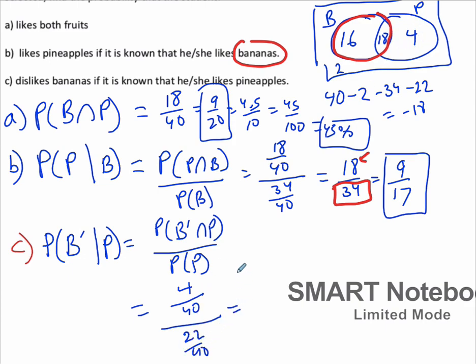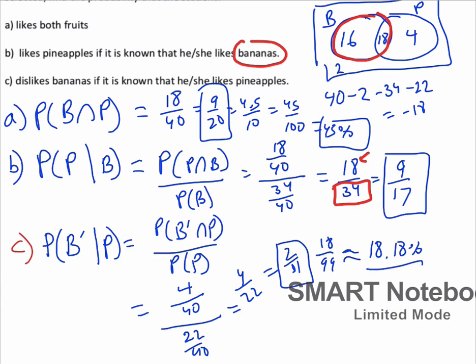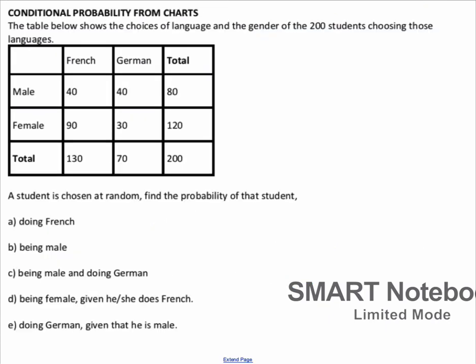That equals 4 out of 22, which equals 2 out of 11. As a percent, that is approximately 18.18%. You can also get that from just the Venn diagram, because if they like pineapple, we're just looking at these people. So the denominator is 22, and the numerator is 4.